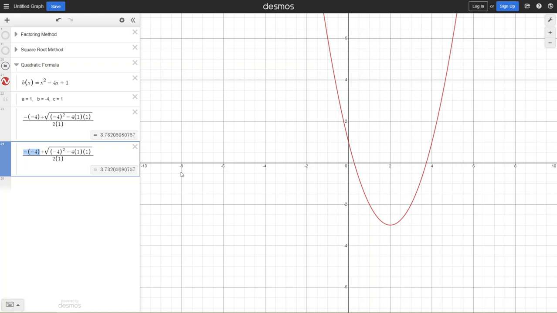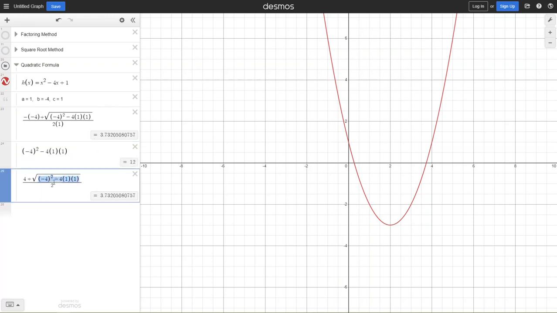So I know that negative 4 is 4. I know that 2 times 1 is 2. And I can grab this bit, the bit inside the radical, and I can evaluate that and find that the number inside the radical is 12. So that's going to allow me to help simplify this right here.